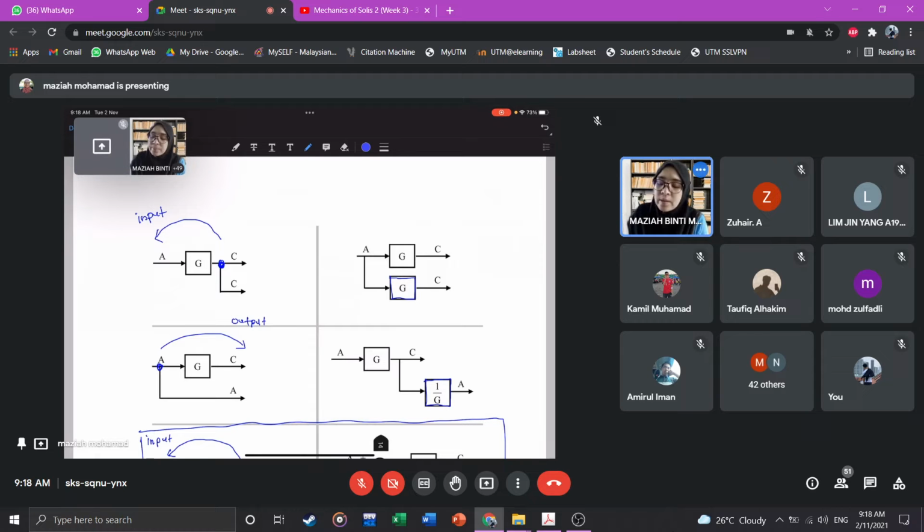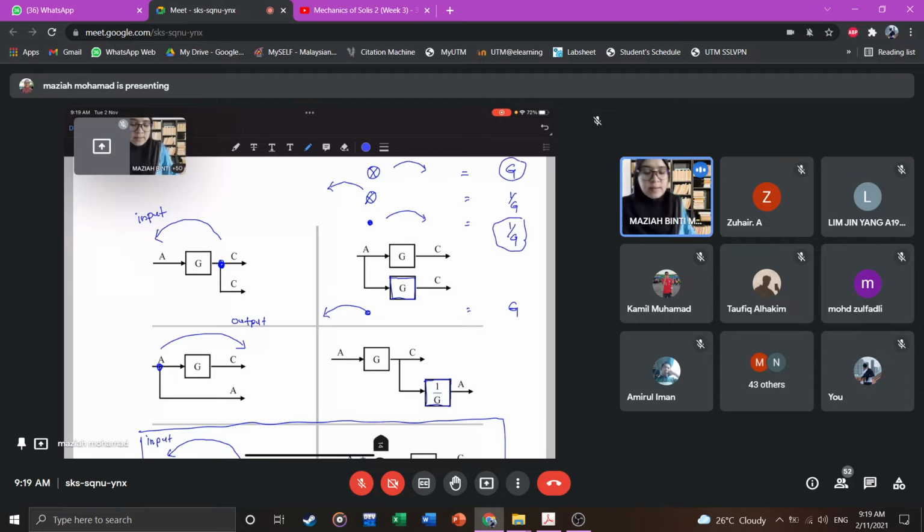You just remember that a summation point toward the output will multiply with G. Because if you move toward the input, it will become multiply with 1 over G. As for the pickoff point toward the output, it will be vice versa from this one here, so it is 1 over G. And last one, pickoff point toward the input, vice versa with this one, so it is G. Therefore, just remember 1: summation point toward the output is G. From there, you will be able to determine the other movements.